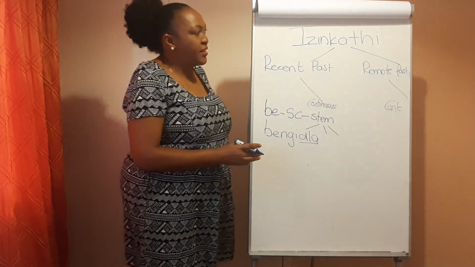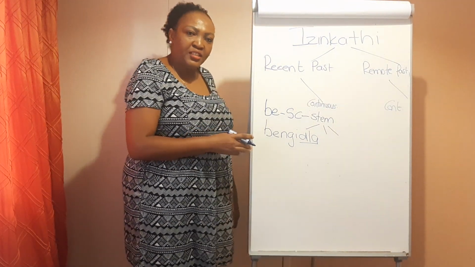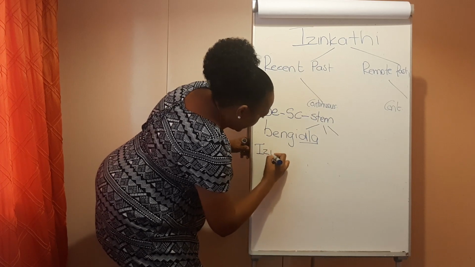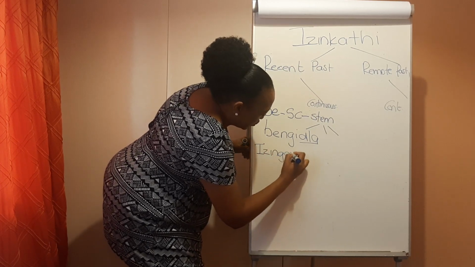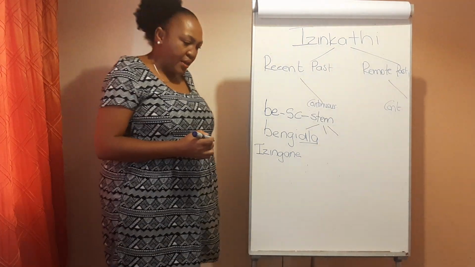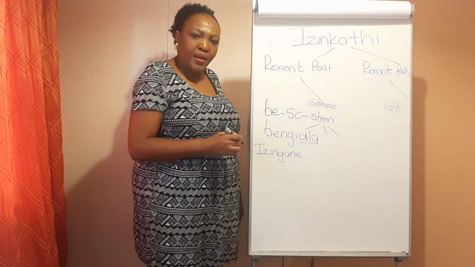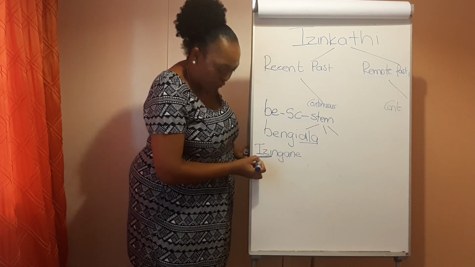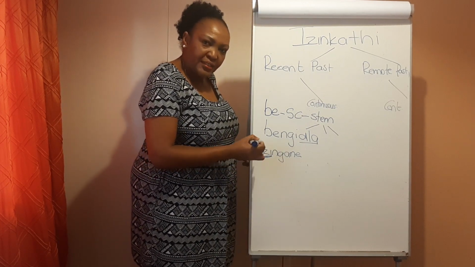If you want to use the example that we used in the present tense, where our subject is izingane, we say izingane, and we want to say the children were playing. We know that the subject concord of izingane, which we derived from izi, is going to be z.